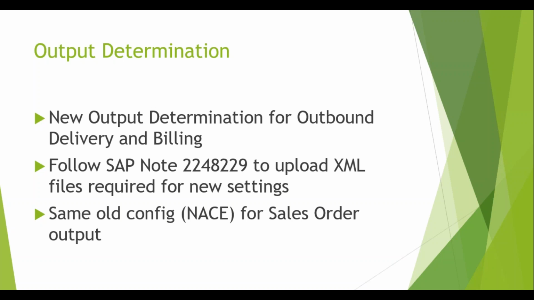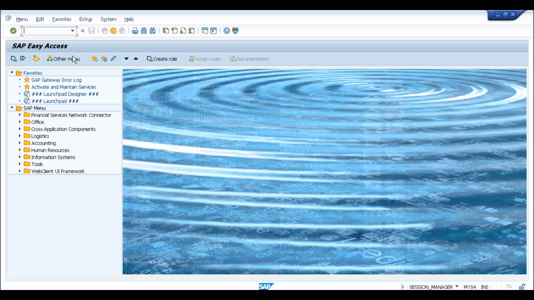In 1610 by default it is new output determination, but you have the choice that if you want to go back to NAST, I showed you one of the screens in the case of purchase order output. The same screen is available for billing also. Let me show you that in the system itself. So this is my SAP S4HANA system.